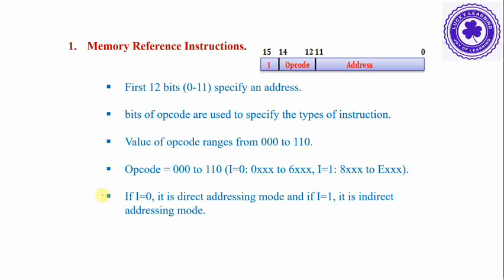First, we'll see the memory reference instruction. In a memory reference instruction, the first 12 bits, 0 to 11, specify the address, and the opcode bits, the 12th, 13th and 14th bits, are used to specify what type of instruction.